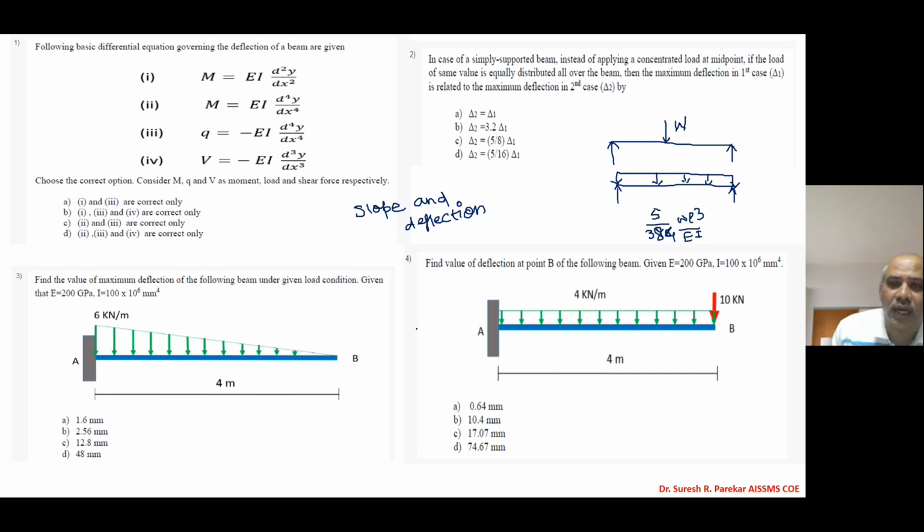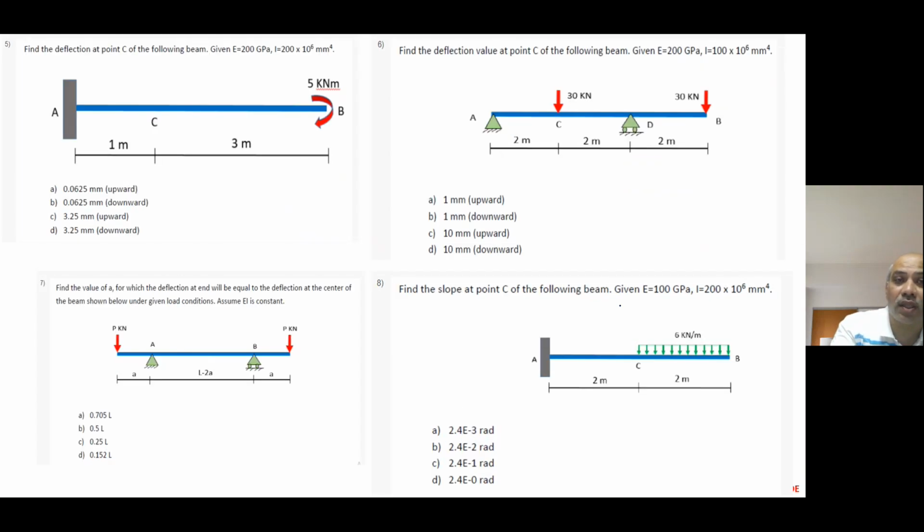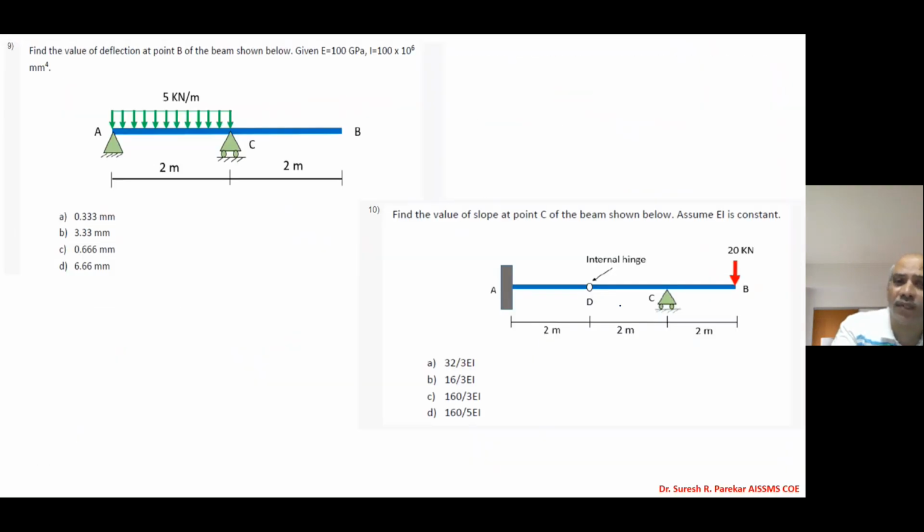So we should know these standard cases and use them. You can go by Macaulay's, you can use conjugate, and you can solve all these problems. These are slope and deflection problems, so we can do that.